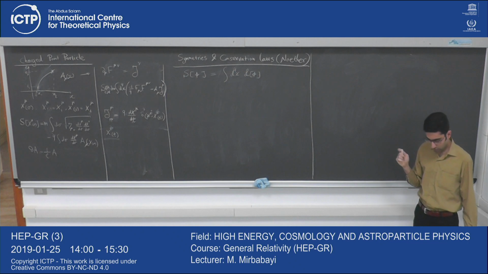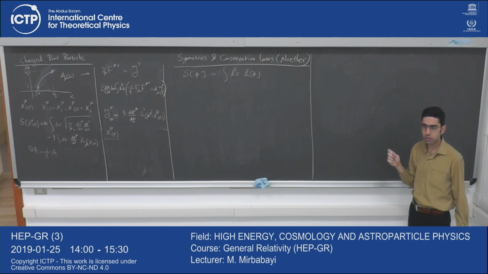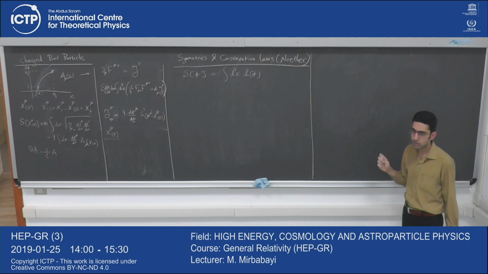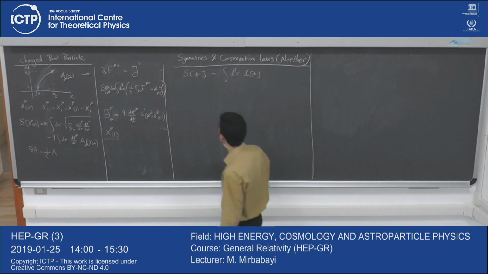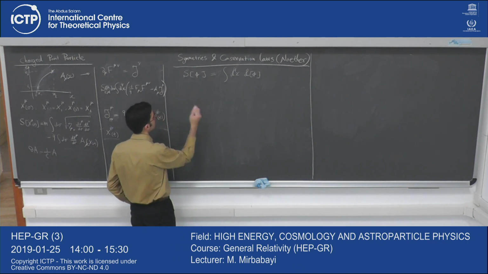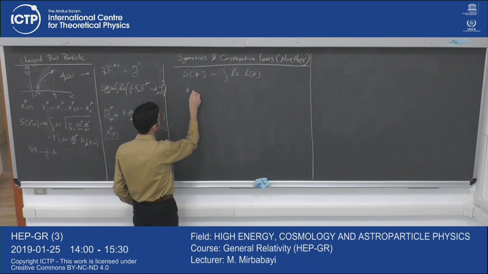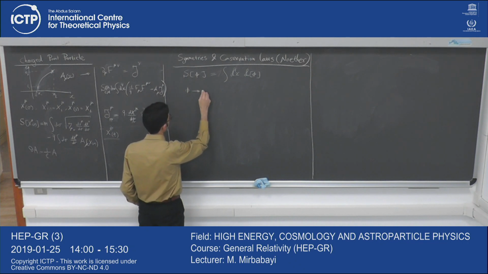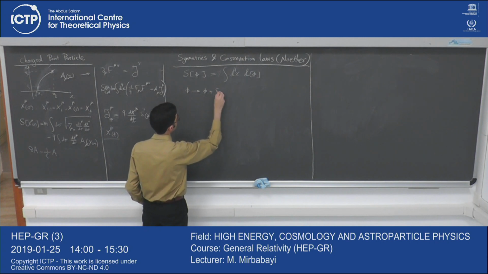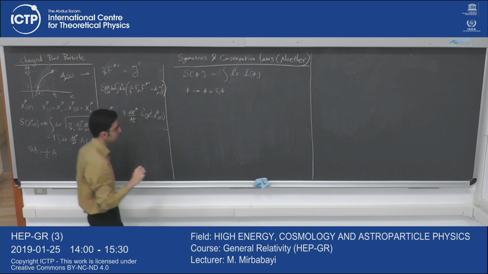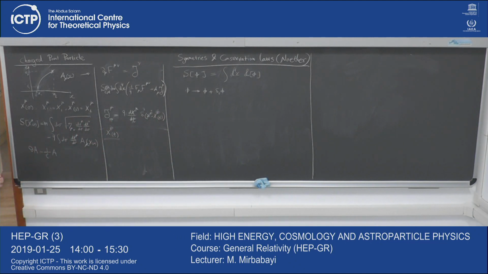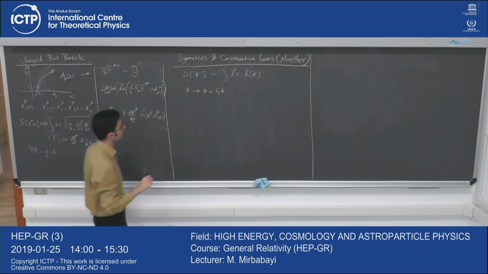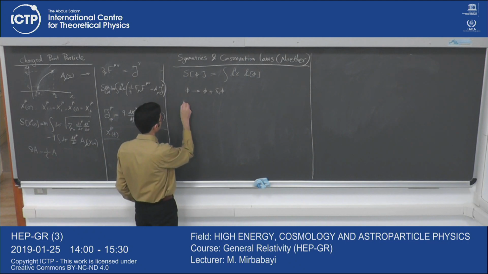And we want to imagine a situation in which this action has a symmetry. Well, what do we mean by the symmetry of the action? What we mean is that if we transform this field phi to phi plus some delta phi, or delta s phi for symmetry, then there will be a variation of the action.